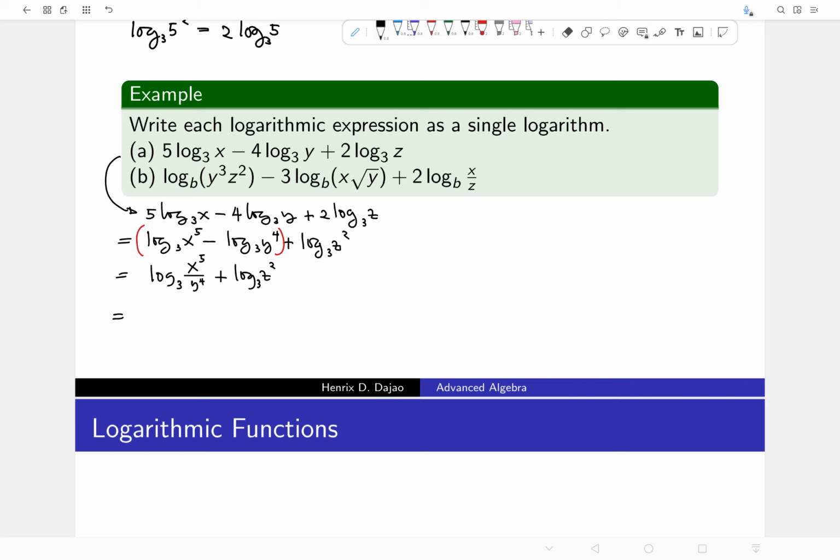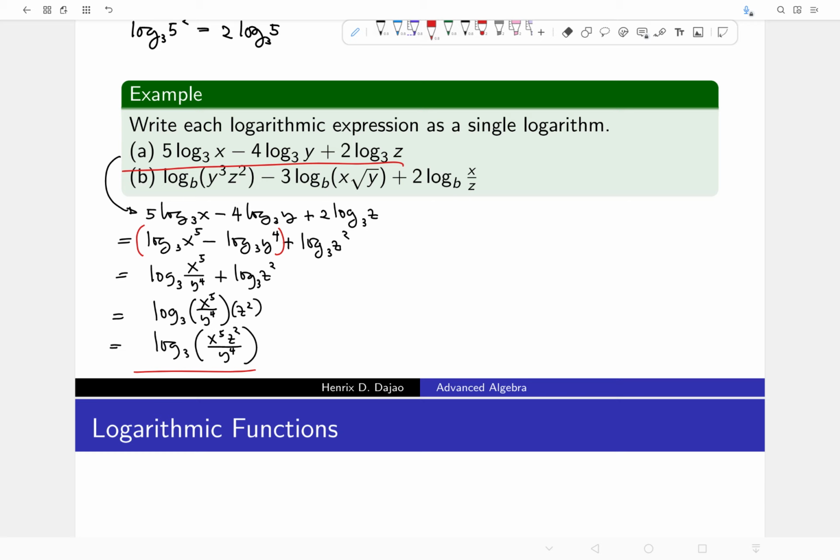So this becomes log 3, then multiply x raised to 5 over y raised to 4 times z raised to 2, then simplify further, you have log 3 of x 5 z2 over y raised to 4. And so we're done because we've already expressed this logarithmic expression as a single logarithm.